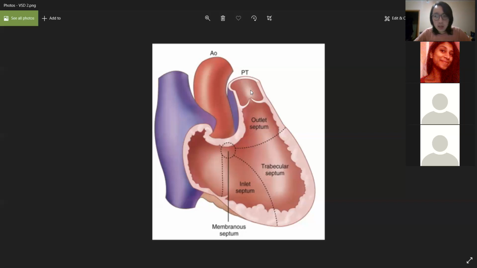Next will be, as we all are aware, this involves the endocardium, right? The innermost layer of the heart. That is why in the future, even if this defect is solved, we still need to be aware of endocarditis as well.